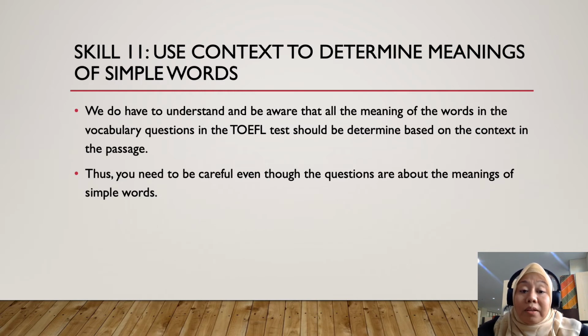So even though you are asked a very simple word and you know the meaning, you still have to take a look at the passage again, which has the word in it, to make sure that the meaning fits the meaning given in the passage.